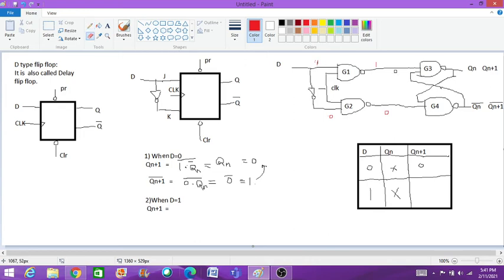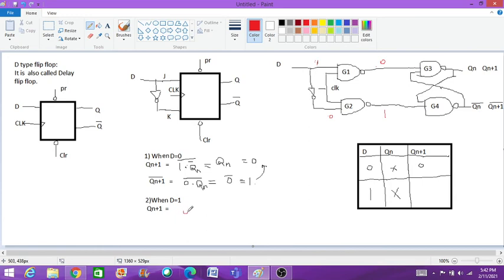So it comes out 0 after passing through the G1 gate, and this will be 1. So what will be the G3 output?